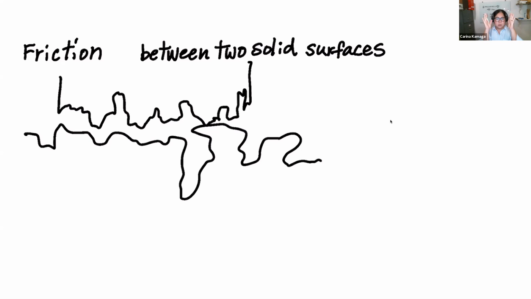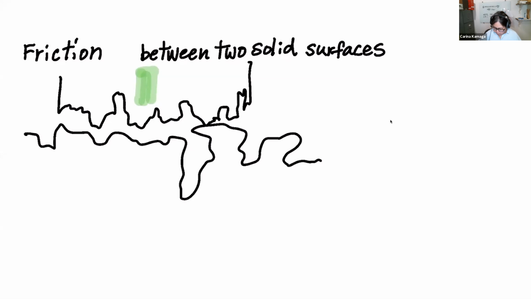So when these two irregular surfaces meet, they're not perfectly flat. They have this zigzagginess, and when they're in contact and they push against each other, it could be like this.